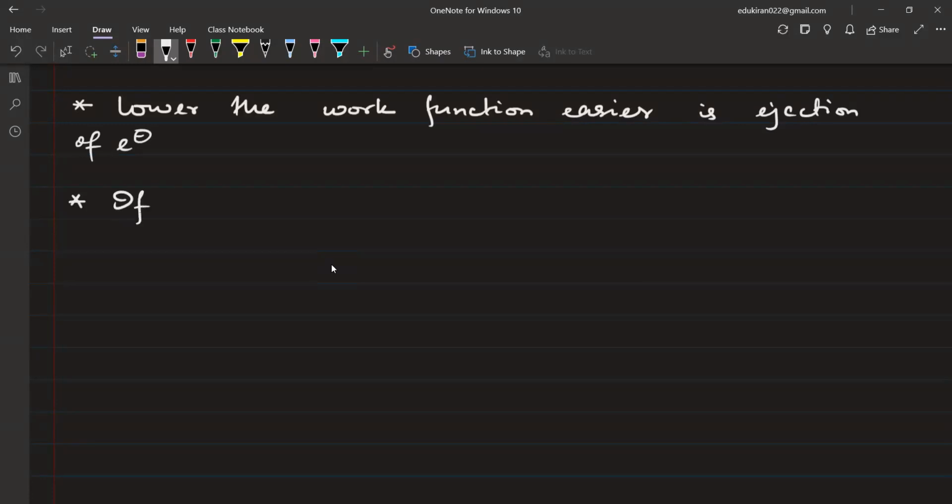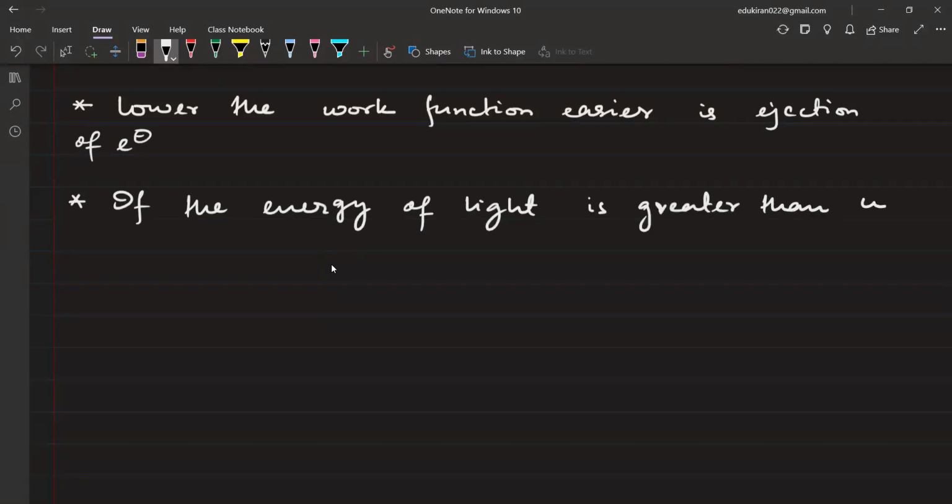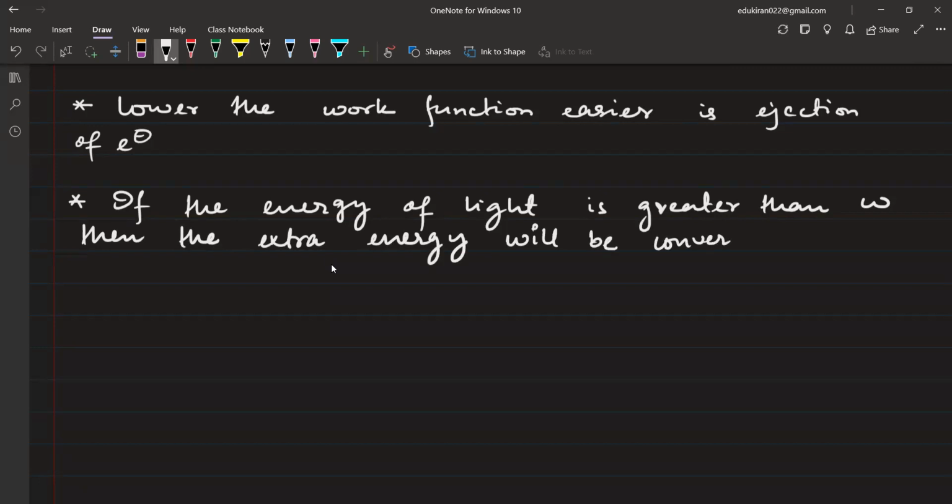If the energy of light is greater than work function, then the extra energy will be converted as kinetic energy of electron.